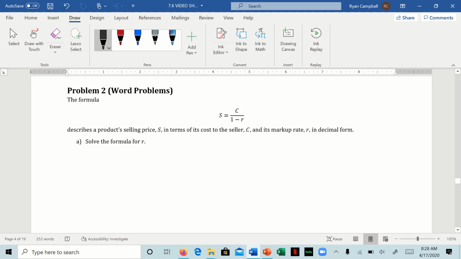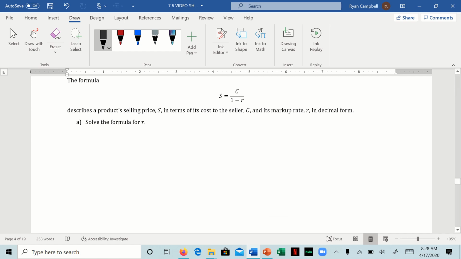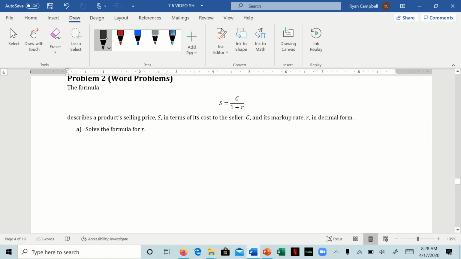All right, let's look at this one. This formula describes the product's selling price, S, in terms of its cost to the seller and its markup rate. Let's solve the formula for R. If we're going to solve the formula for R, we need to say R equals something.